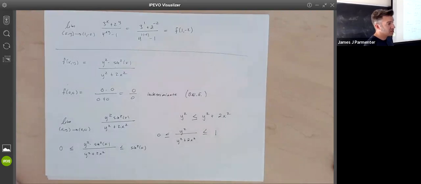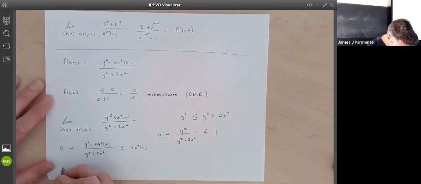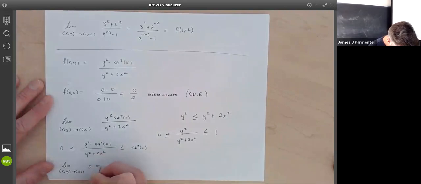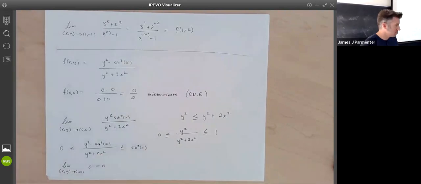And now we get to use the squeeze theorem. So it's definitely true that the limit as (x, y) goes to (0, 0) of 0 is equal to 0. I'm just taking the limit of that. It's kind of boring, right? It's always 0, its limit is 0.